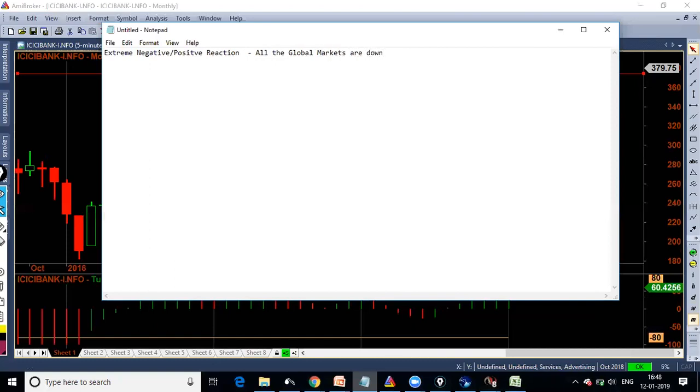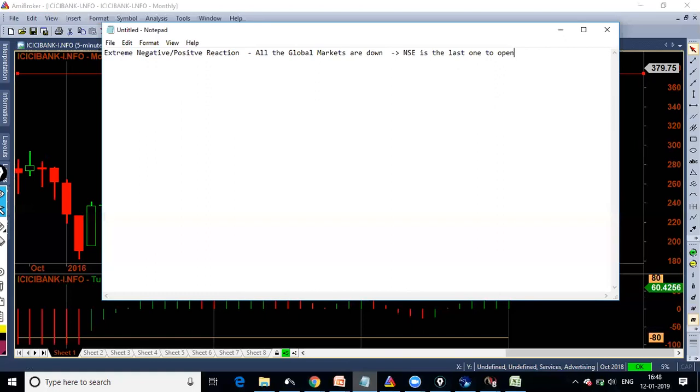When all the global markets are down and we are the last one to open, NSE being the last to open, we also react relative to those markets. Everyone in the global markets is down and we are going to open gap down. What you have to look out for is whether price is going to break a 3-day low or a 4-day low.